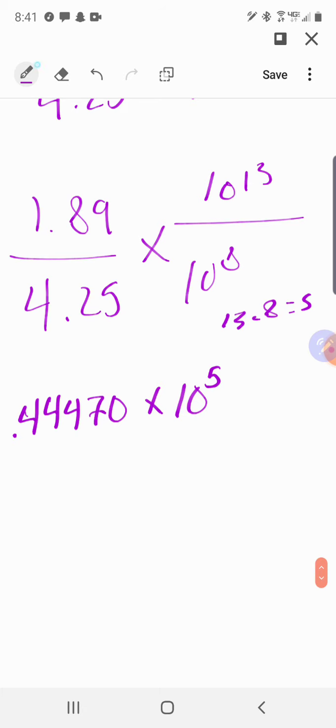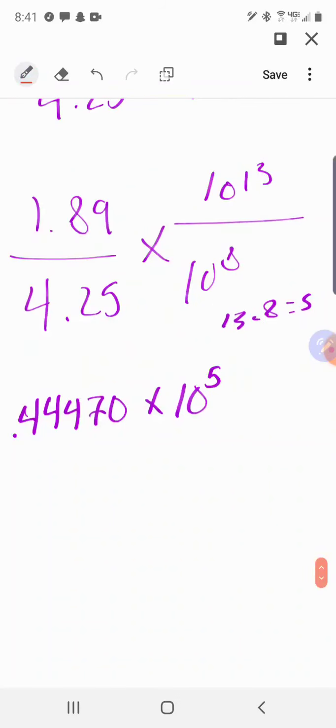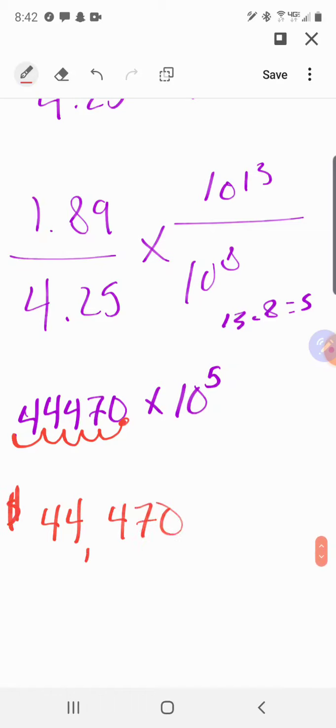So I'm going to change the color so you guys can visually see that. 1, 2, 3, 4, 5. So the decimal goes right there. So I have $44,470 per American. If I'm not mistaken, that is the answer. That is number 3.